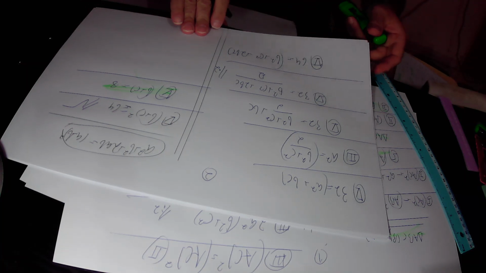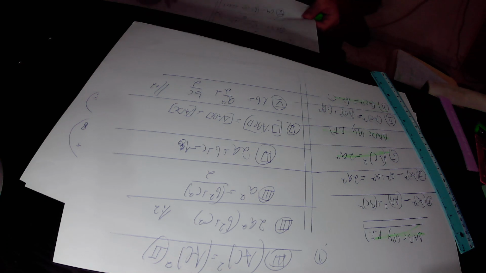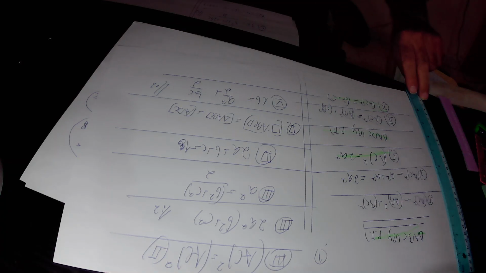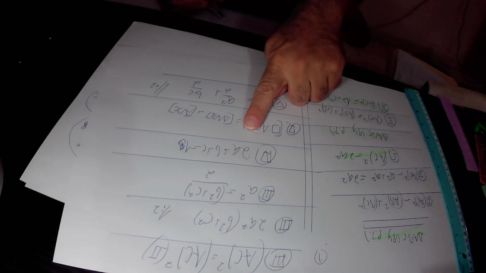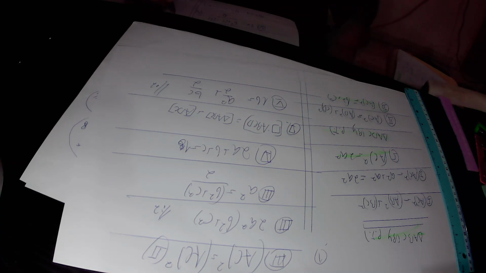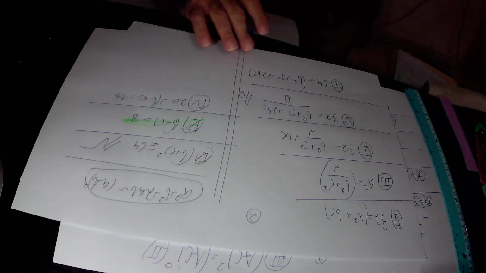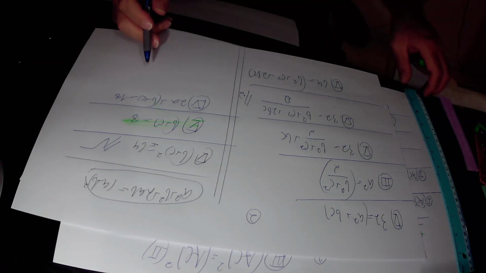Well, according to equation 4, we already found out that 2 times (a plus b plus c) equals 18.